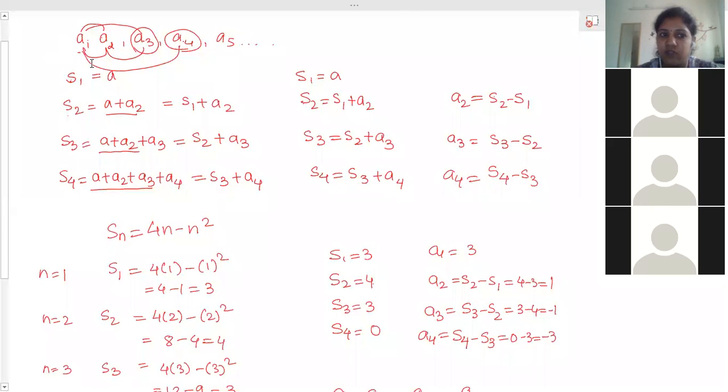S1 means the sum of the first term, the first one term only. S2 means the sum of the first term and the second term, that is A plus A2. So what is A? A is S1. So S1 plus A2 is S2. Therefore, how to find out A2? Subtract S1, move to the LHS. So S2 minus S1 is the second term. Understood. Thank you.